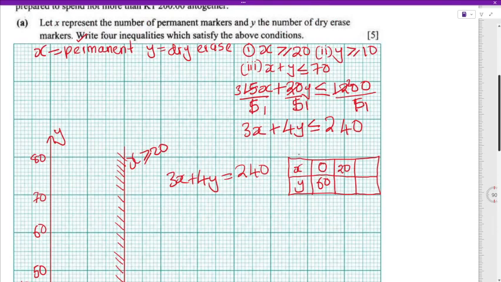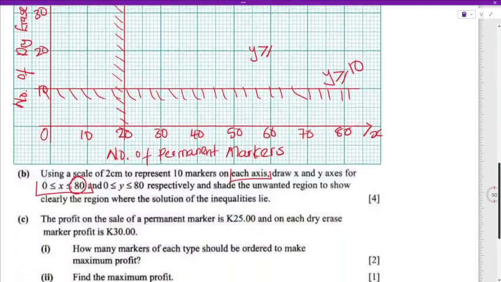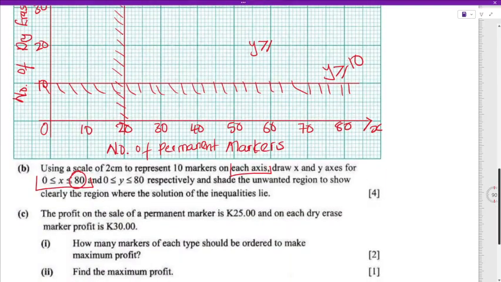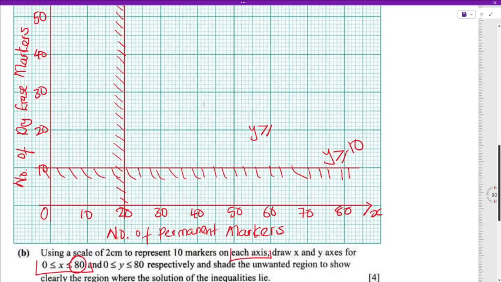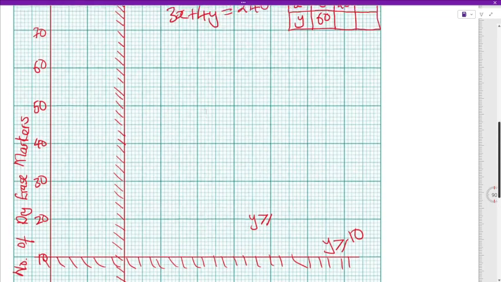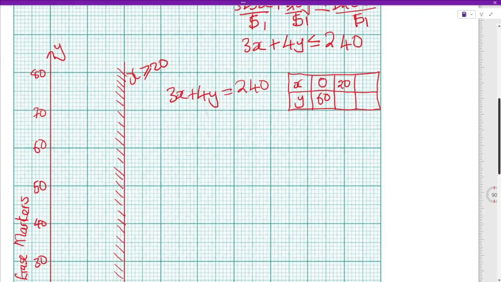I usually recommend using values up to half of the range for the axis, so you end at 40. You don't use the larger values because sometimes they'll give you a number that is out of range. Your axis goes up to 80, but you might end up finding a value like 100 as a coordinate. Where are you going to plug it in, because your range is up to 80? So I can use any values less than half of 80, which is 40. So let me try 20 there.